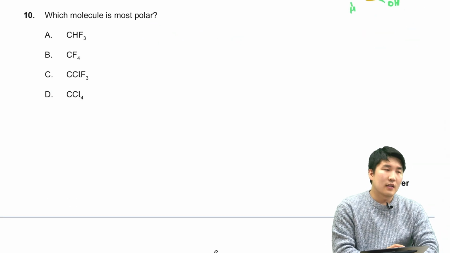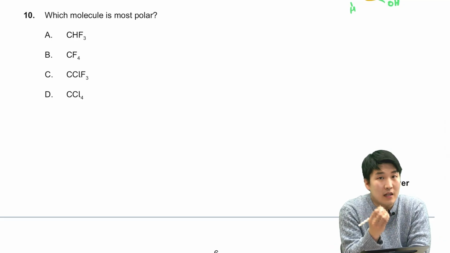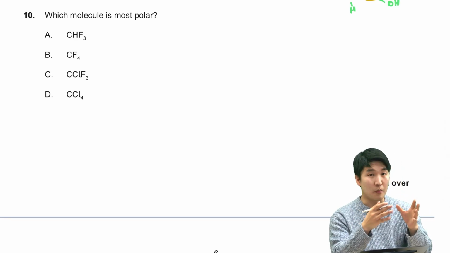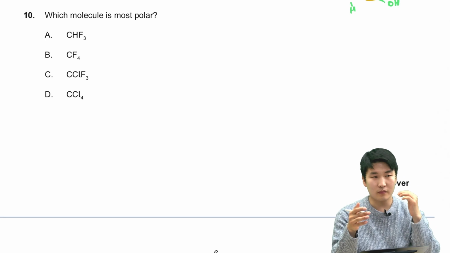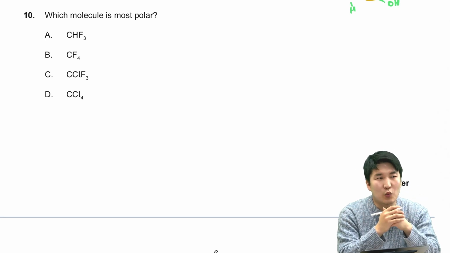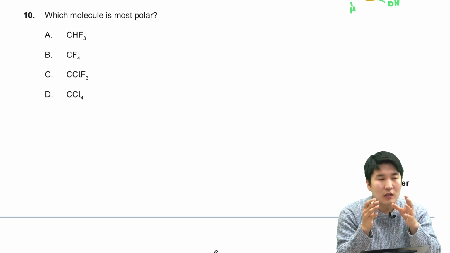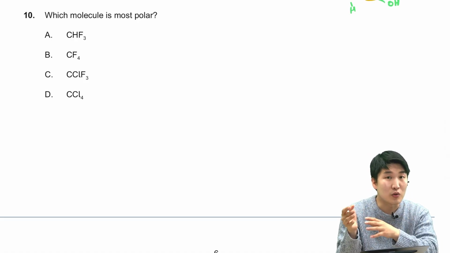Molecular polarity arises from how there's a net dipole moment in the molecule. For there to be net dipole moment, we need bond polarities, but we need to make sure that the bond polarities are asymmetrically distributed.